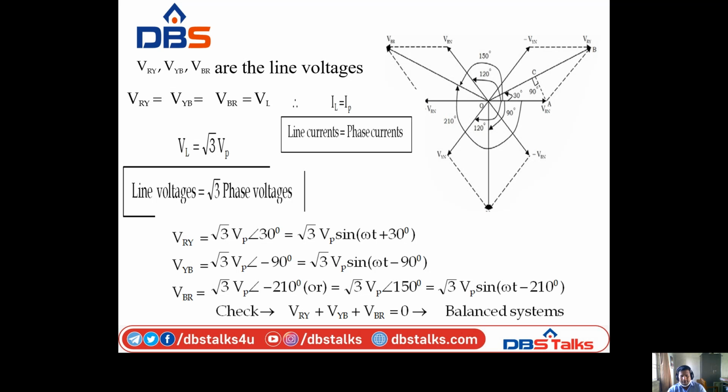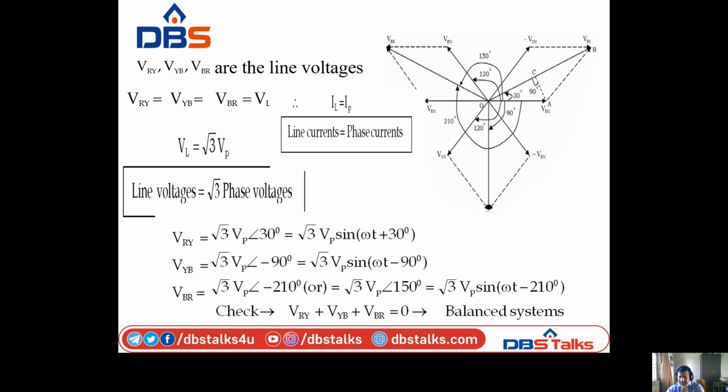Look at the phasor diagram. I am taking VR as the first reference, right? Generally you have to write the phase voltages first, VRN, VYN, VBN. This phasor diagram is very easy, just observe the diagram clearly. VRN is first taken as reference.